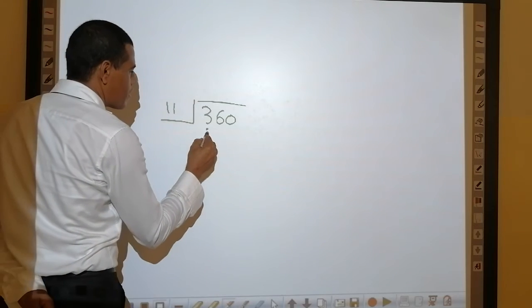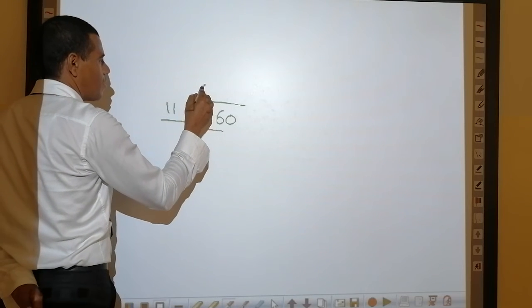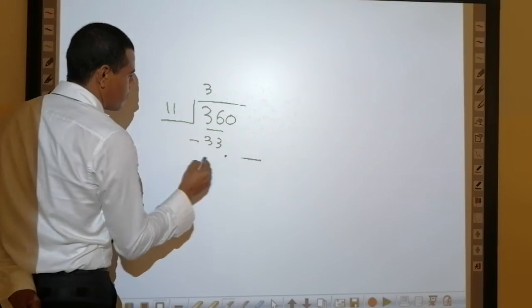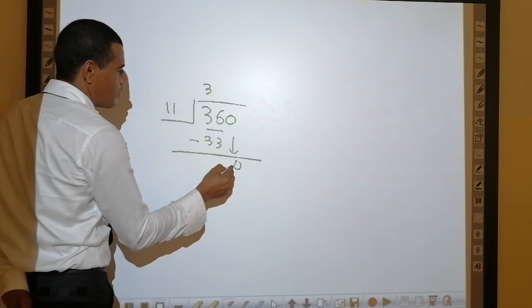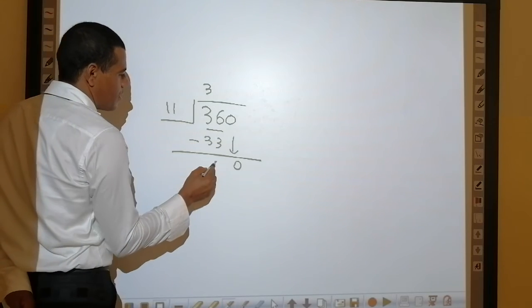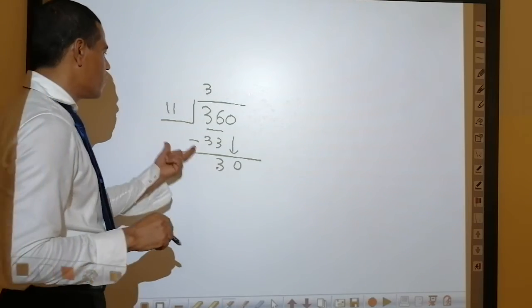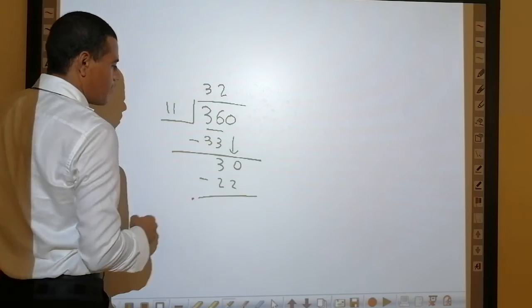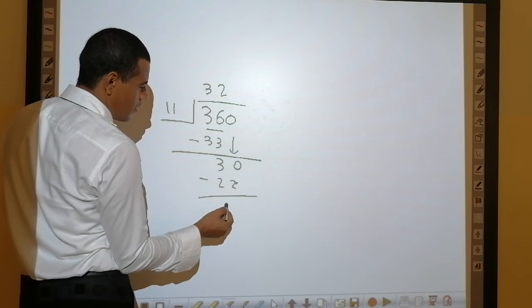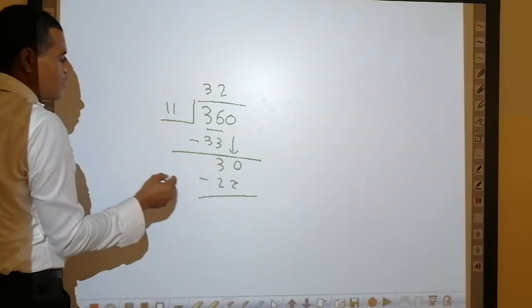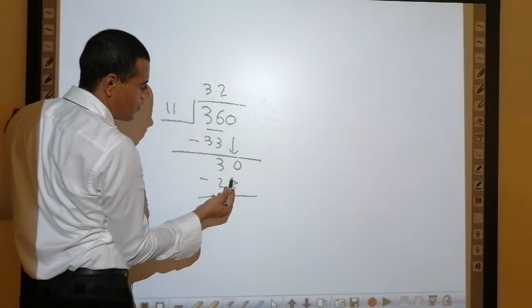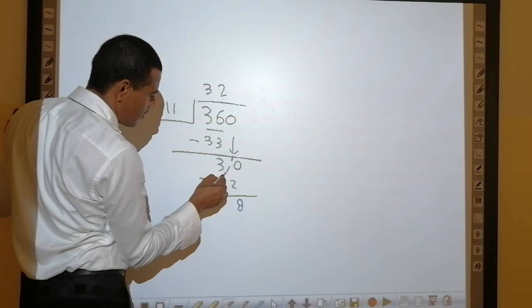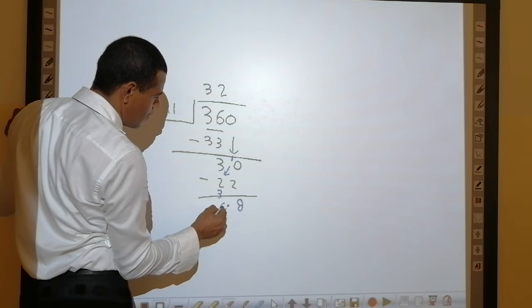Okay, 36 divided by 11 is only 3. 11 times 3 is 33. Okay, this is 0, right? So 3 minus 3 is 0, 6 minus 3 is 3. Now 30 divided by 11 is 2. 2 times 11 is 22. So this is 30 minus 22, 8. Then this one I will add with 2, it will be 3. So it will be 0.